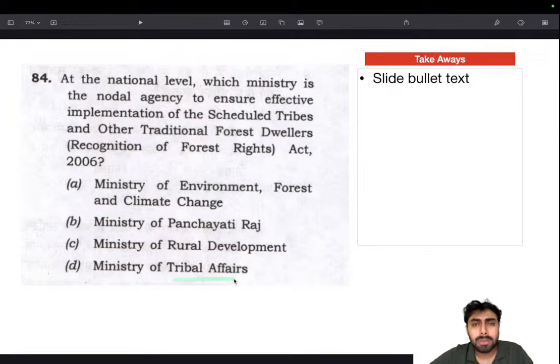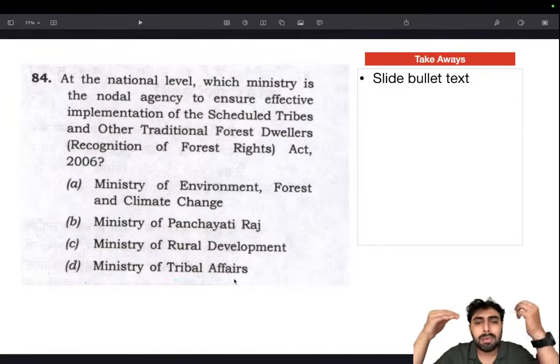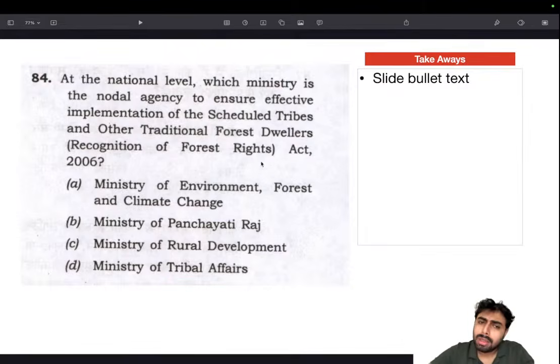When you think about the Ministry of Tribal Affairs, we might think of protection of tribals, and formulating policies for their protection. That's exactly what this Forest Right Act is all about. It's protecting the tribal interest, protecting their culture, protecting their livelihood, etc. So this is a very plausible scenario, and it has a higher chance.